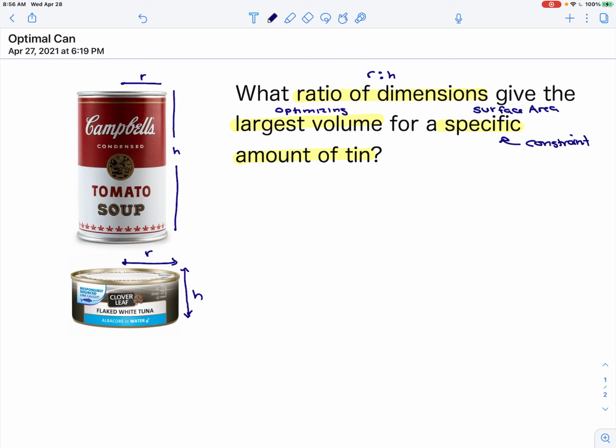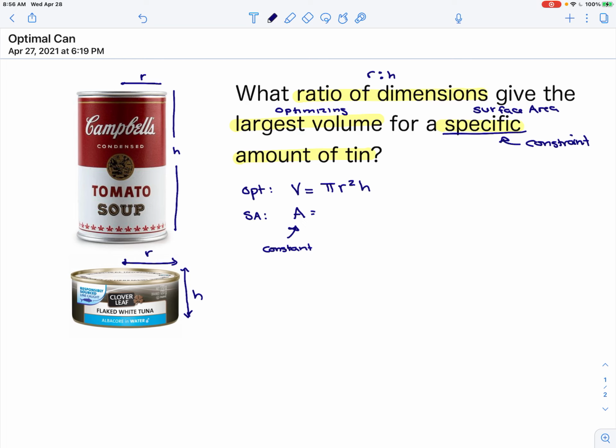so we're going to have to choose a constant to represent that. We're optimizing volume, which for a cylinder is pi r squared h. You just take the circle at the top and stack it the height amount of times. And then surface area, let's call it some amount A, which is a constant. We need to remember that A will be treated as a constant when we take the derivative, because it's a specific amount.